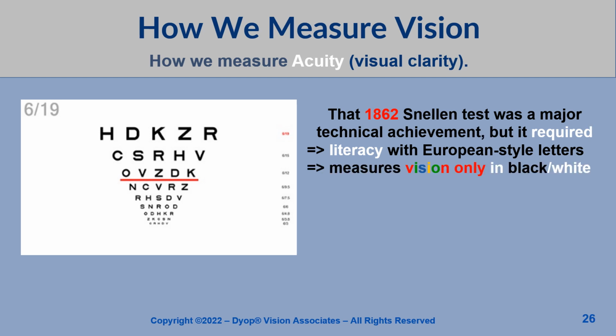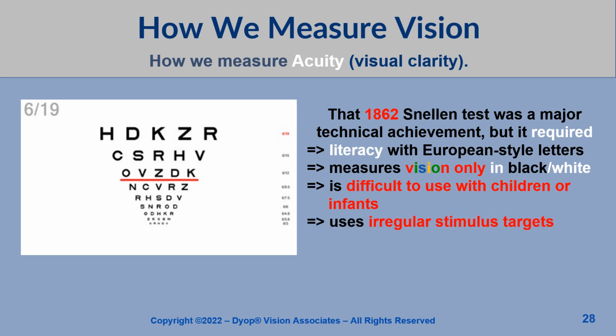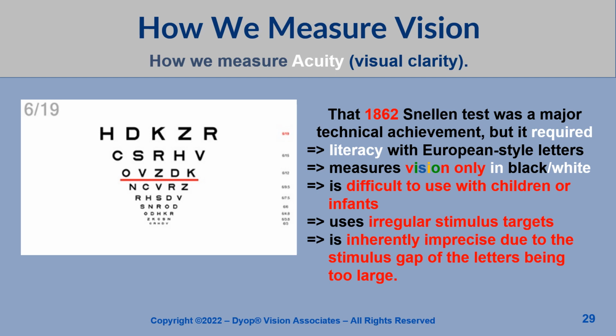It also measures vision only in black and white. It is difficult to use with children or infants. It uses irregular stimulus targets. And it is inherently imprecise due to the stimulus gap of the letters being too large.